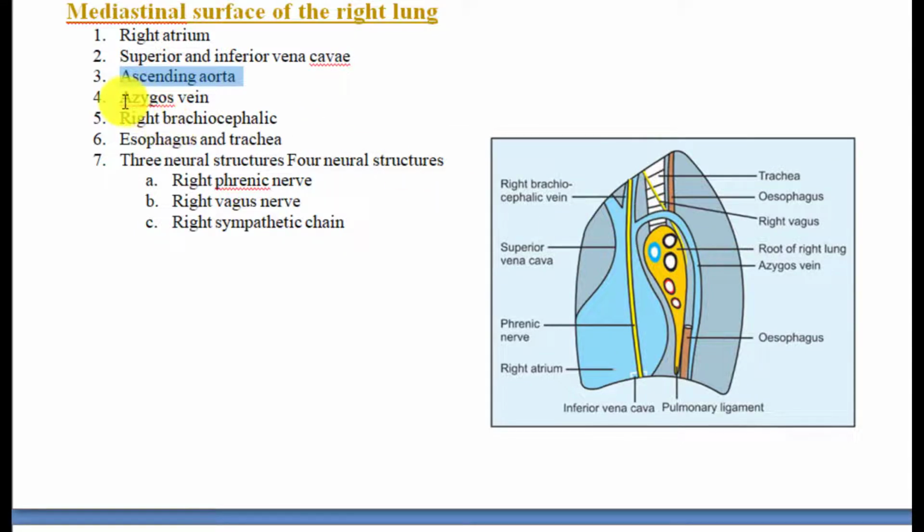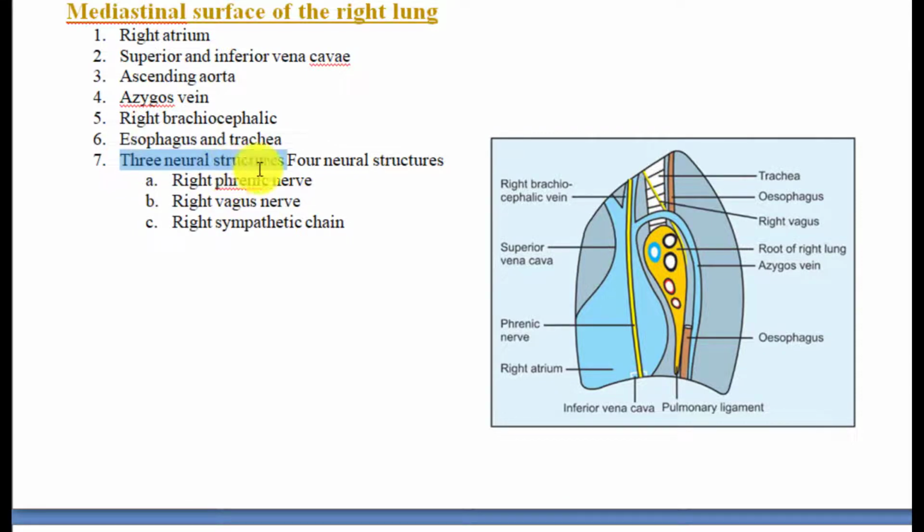Then there is the azygous vein, you can see here. Then there is the right brachiocephalic artery, and the right brachiocephalic vein. Then there are the esophagus and trachea; this one is the trachea, and here you can see the esophagus.